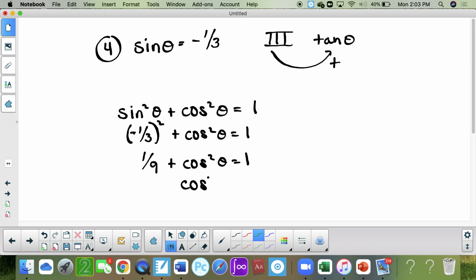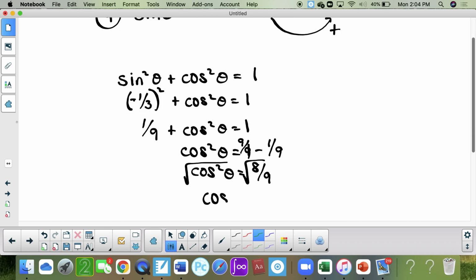So cosine squared theta is equal to 1 minus 1/9. But I'm going to change the 1 to 9 over 9. So cosine squared theta is equal to 9 9ths, take away 1 9th, which is 8 9ths. And then I am going to square root it.